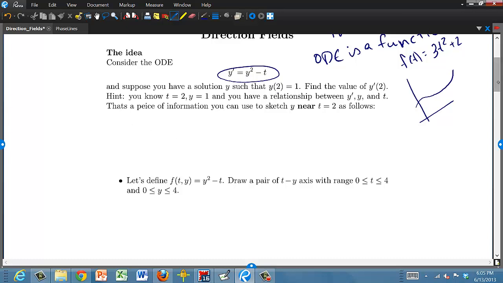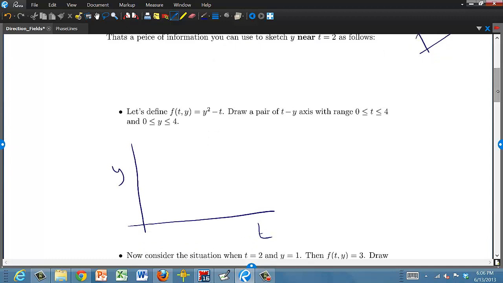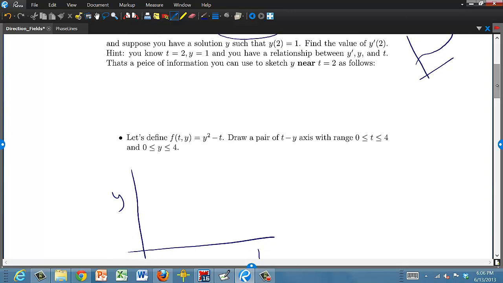If I move down here, this is my y-axis, this is my t-axis. If I have a solution such that y of 2 equals 1, that means at time 2 it takes on value 1, so it's going through this point right here. This is the point 2, 1.